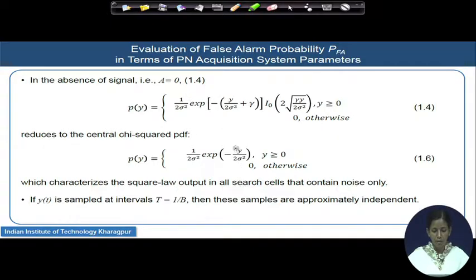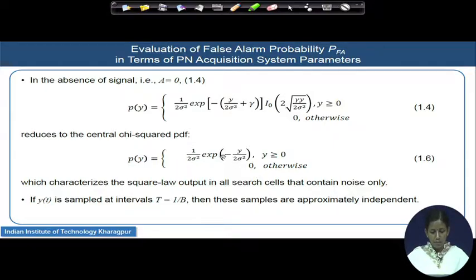If I substitute the value A equal to 0 in the upper equation, this non-central chi-square distributed PDF, we will get the PDF given by equation 1.6, which is fundamentally the PDF of the no signal condition, and it is obtained by substituting A equal to 0 in equation 1.4, and obviously it will come to a central chi-square distributed PDF.